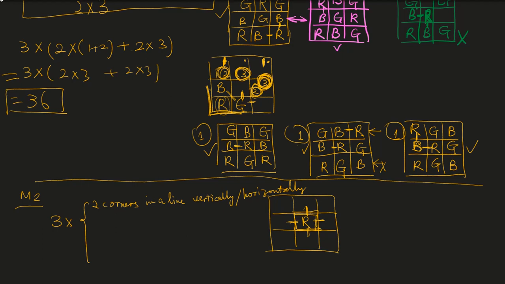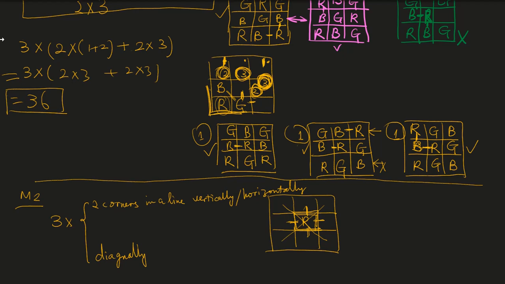If we place the 2 red chips otherwise, that means the 2 red chips are either in these 2 cells or in these 2 cells diagonally. So let's denote that as diagonally. Good. Then let's start with case 1.